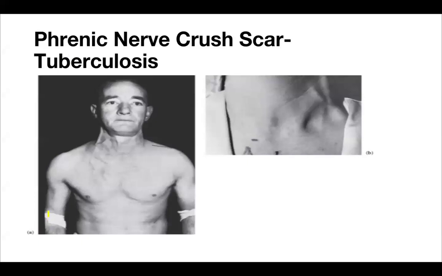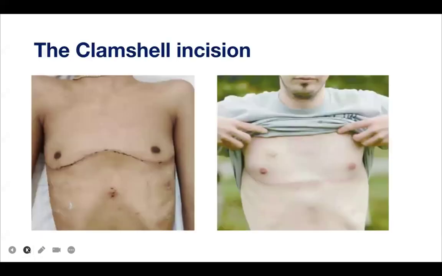This is a very small scar mark situated just in the apex of the lung, where the phrenic nerve is situated. So we should remember the phrenic nerve scar mark; though it is rare, we should keep it in mind.